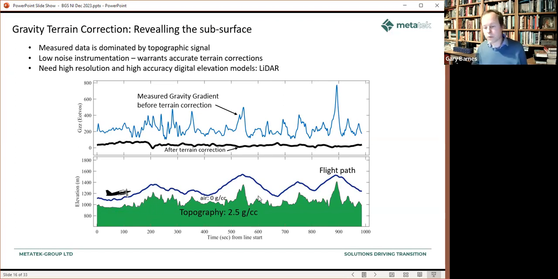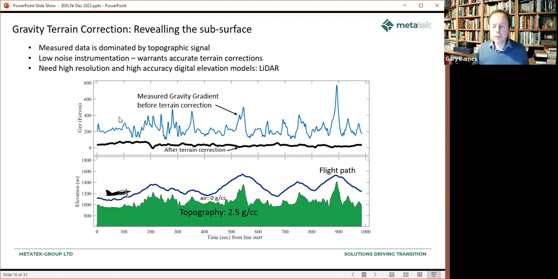So that's probably the most extreme density change that you'll ever encounter in one of these surveys, the interface between the topography and the surrounding air. And that will give a huge signal, and that's what you see in this blue trace on the top.